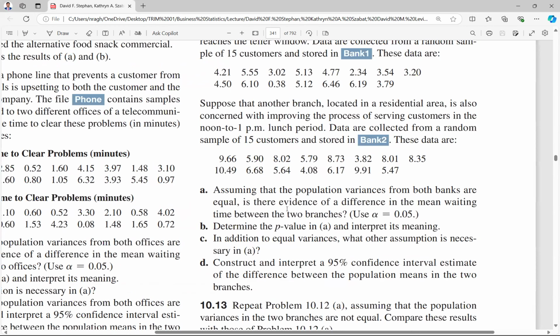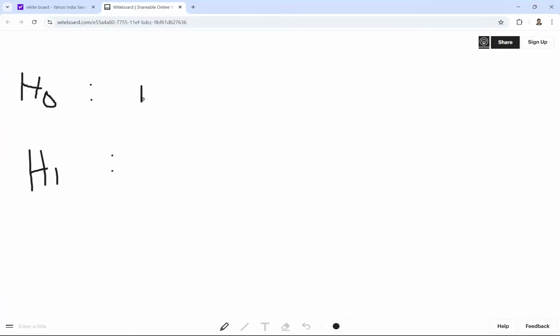Okay, you are almost there. Just tell me how to write it. Assume mu1 is for branch 1. So mu1 minus mu2 is equal to 0, and below it mu1 minus mu2 is not equal to 0.